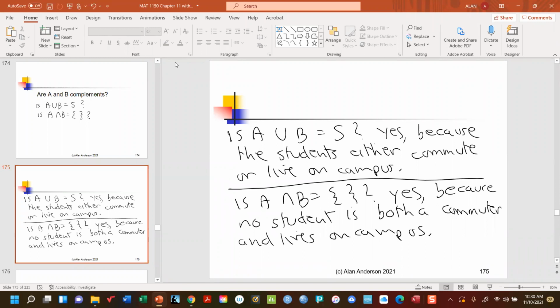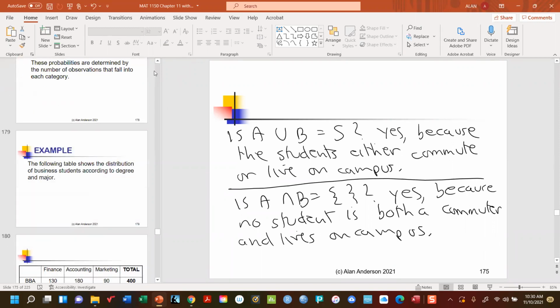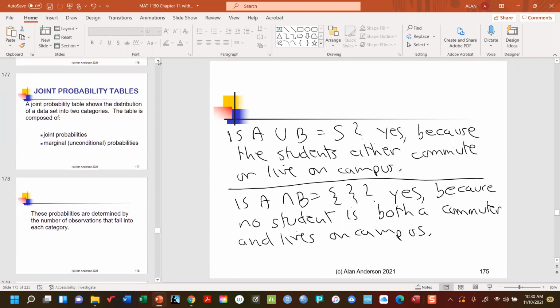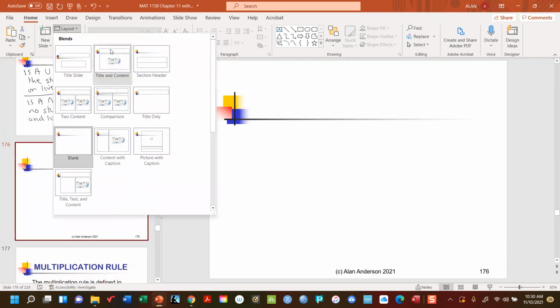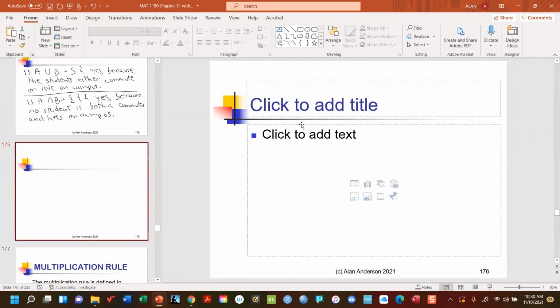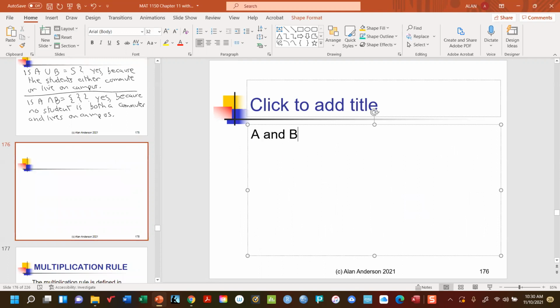So what we've just done is demonstrated that A and B are complements. So we know that that's true, because there's no overlapping between the two groups, but the two groups cover all the students. So A and B are complements.